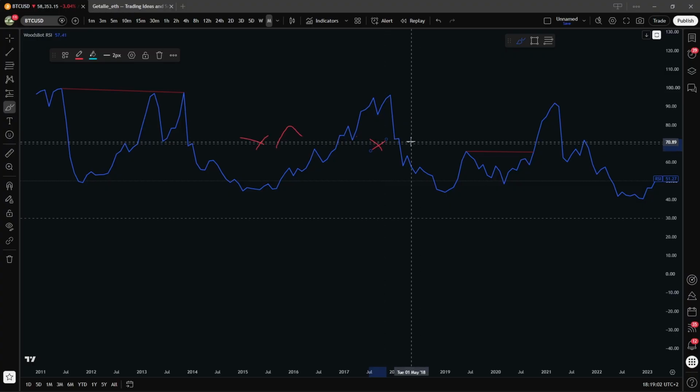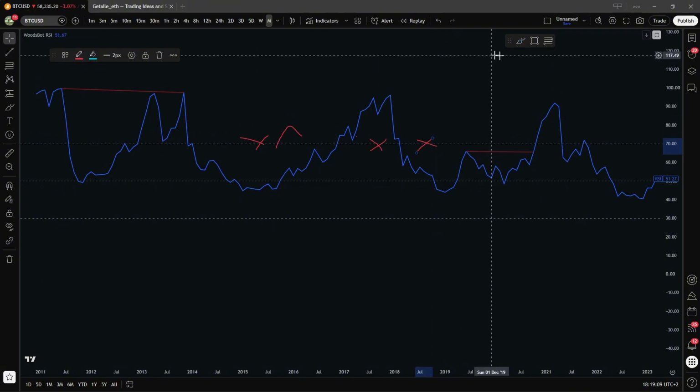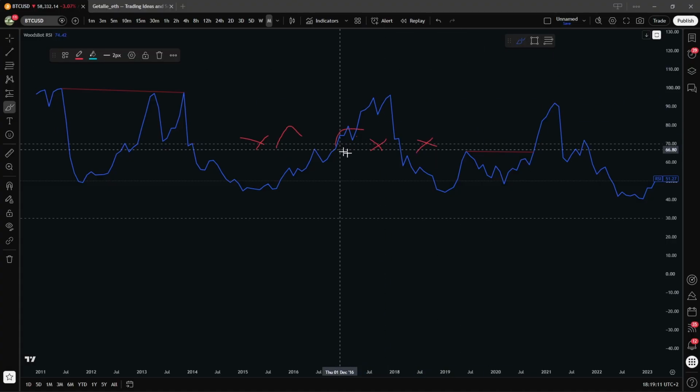This is support for the RSI, and to be honest, price action as well. And you can see how the RSI reacted off the 70 area. Obviously it doesn't hit perfectly, but on the RSI indicator it never really hits perfectly. It doesn't have to.